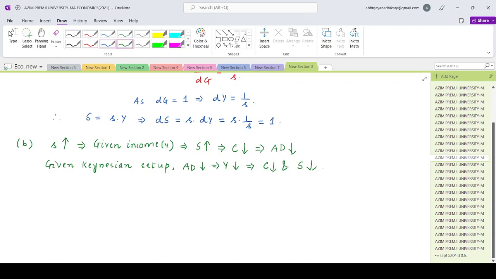So if you look at the conclusion, we begin with the assumption that you try to save more, the marginal propensity to save increases, but you end up saving less, aggregate savings falls. So an increase in small s will lead to a fall in capital S. This is what we call the paradox of thrift.